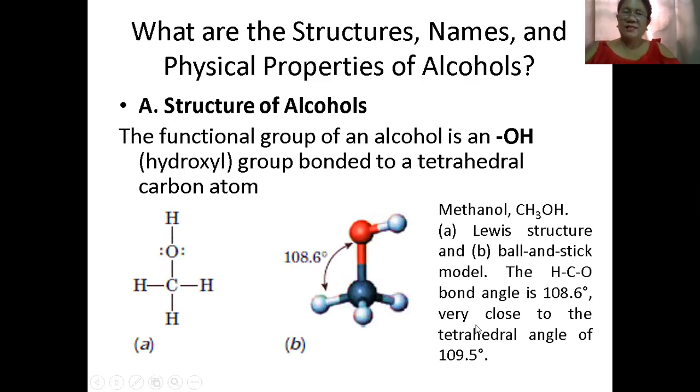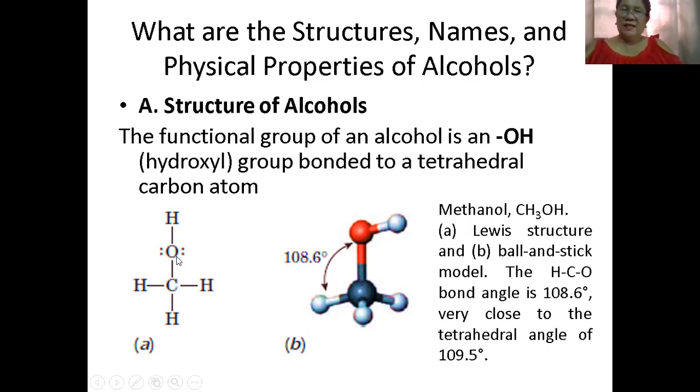Why tetrahedral? Because this carbon could be bonded to four groups, or four attachments. So this is carbon at the center, then H, then you have ROH.